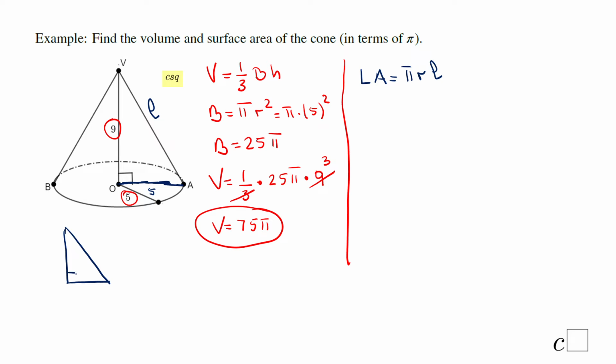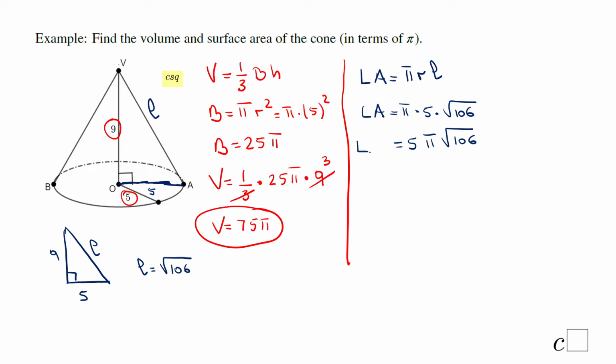So if you want to review, this is 5, this is 9, and this is going to be the slant height we found in the first example, and we end up with square root of 106, the same math. So now we can move back to the lateral area, and we have pi times the radius, which is 5, times the slant height, which is square root of 106. This is a good answer. The only thing I will probably do is rearrange it like this, 5 pi square root of 106, and this is the lateral area of this cone.